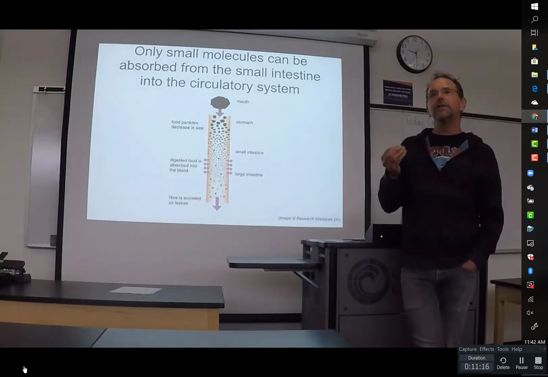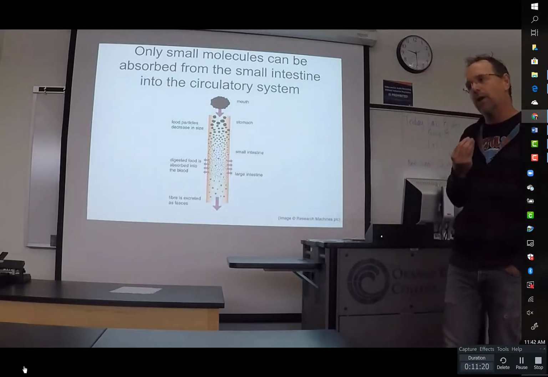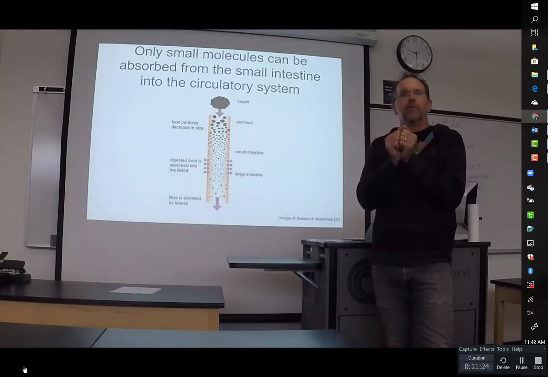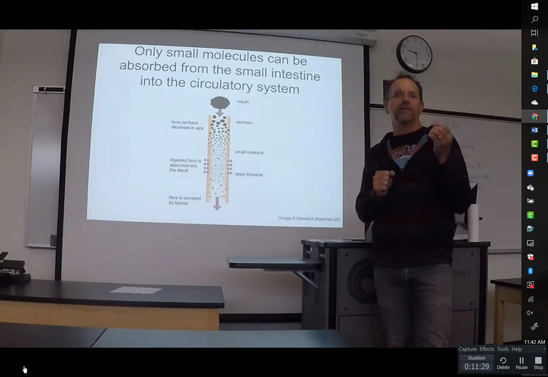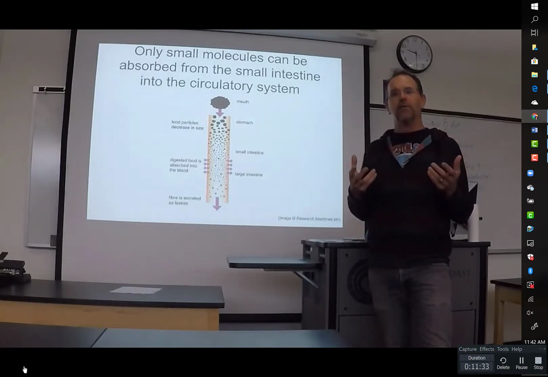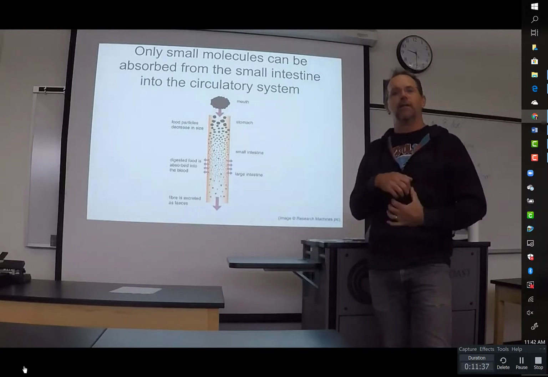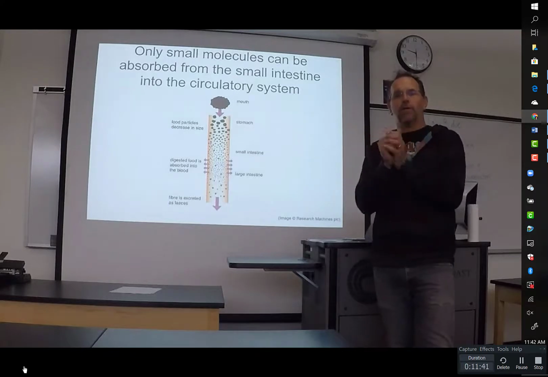But in addition to making our food particles small enough so that we don't choke on them when we swallow, another important thing that chewing does is it breaks up the food into smaller pieces, and when they get smaller, that increases their surface area to volume ratio. And with that increased surface area to volume ratio, the rest of the chemical digestion, which occurs in your stomach and a little bit in your intestine, becomes way more efficient the smaller the particle is.